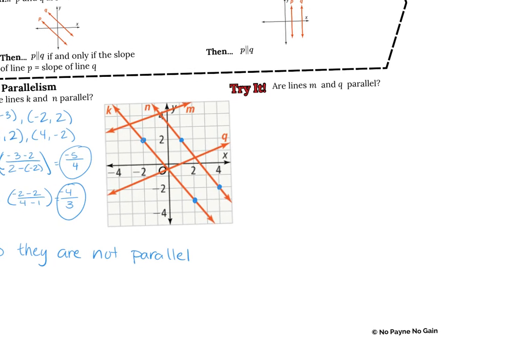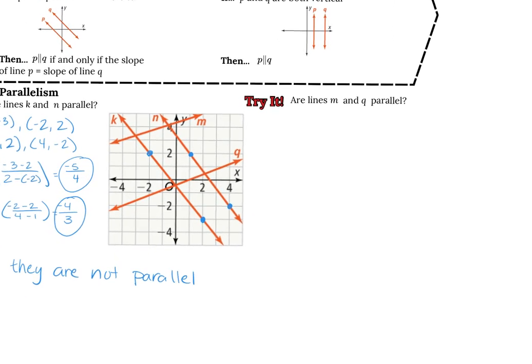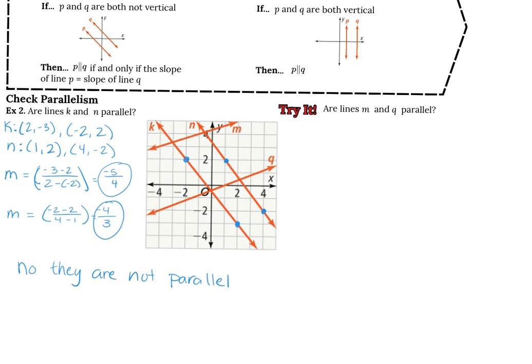Now try it. We're going to do the same thing, but this time we want to look at lines M and Q. I'm going to identify points on both of those lines. M looks like (-1, 4) and (-4, 3), and then Q, (1, 0) and (-4, -2).